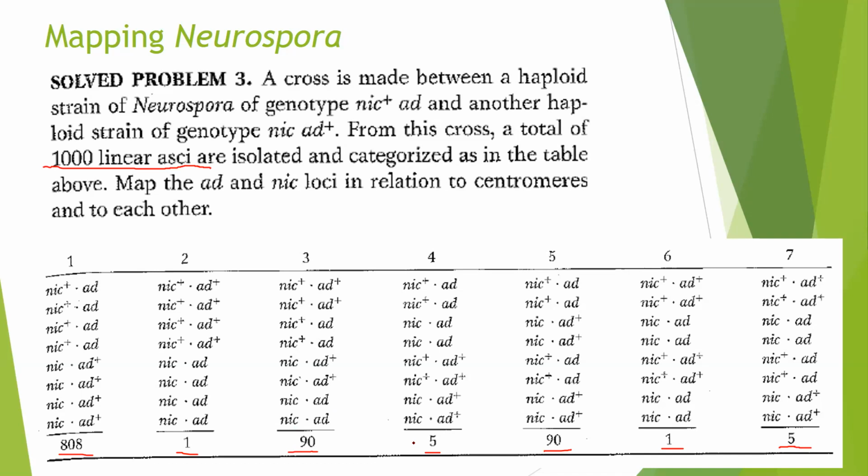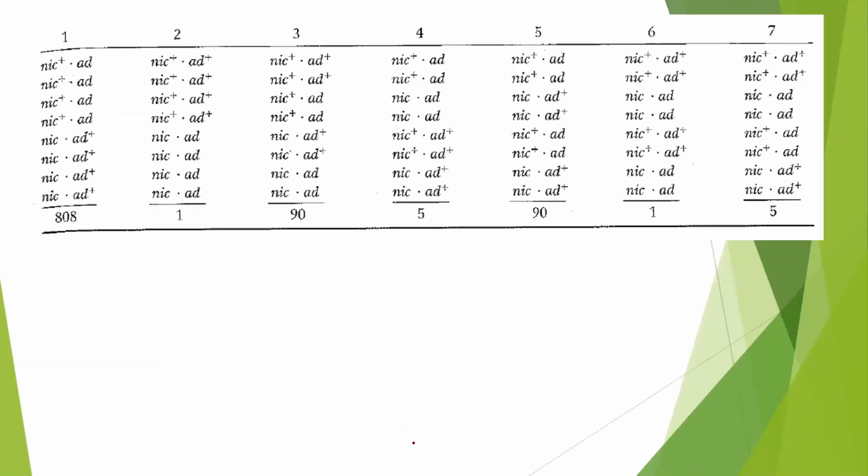Then how are these two genes linked, and how are these two genes arranged in terms of their relation to the centromere? So this is what we want to do now. If you got this data, this represents the most frequently seen genotypes among the progeny asci, right?